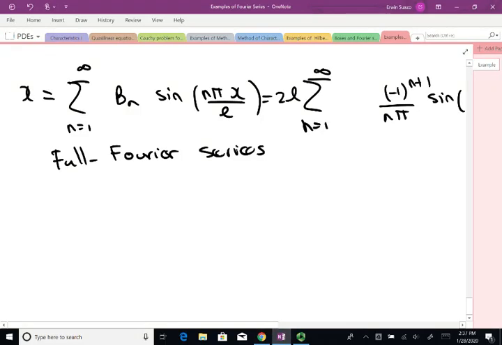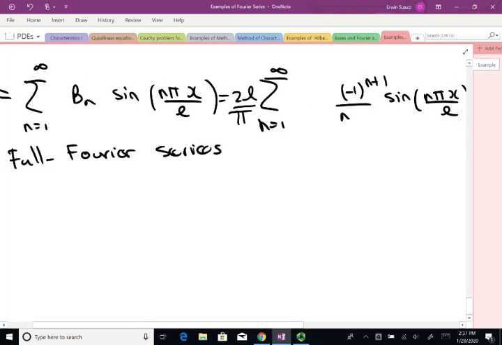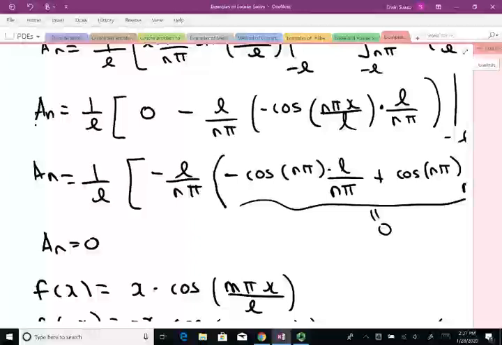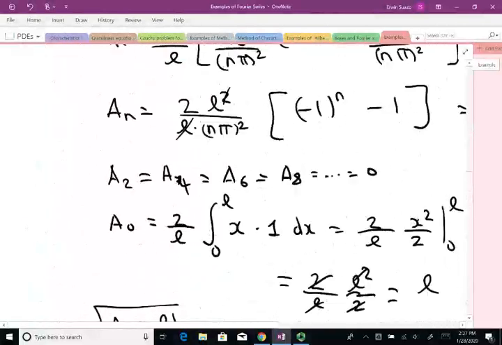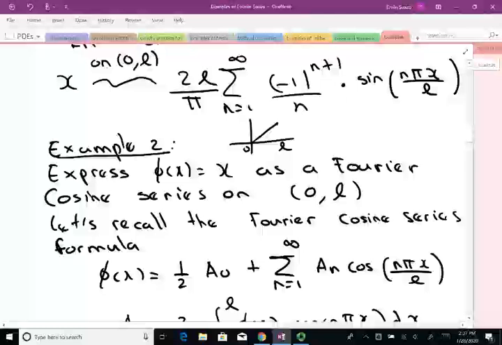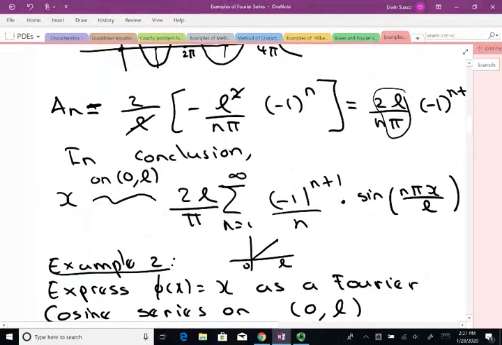So let's take the pi out. 2L over pi, sum of minus 1 to the n plus 1 over n, sine n pi x over L. So these two have to agree. There you go. See, it's the same. So why?